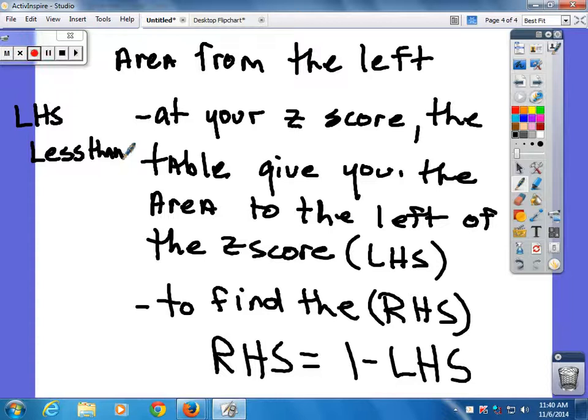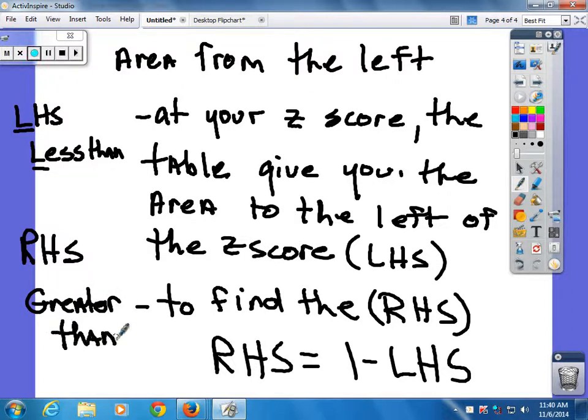That means you're going to find the area to the left. So if the left-hand side is less than, the right-hand side is greater than. Mirror. So you've got to look at the words. In other words, you've got to read.